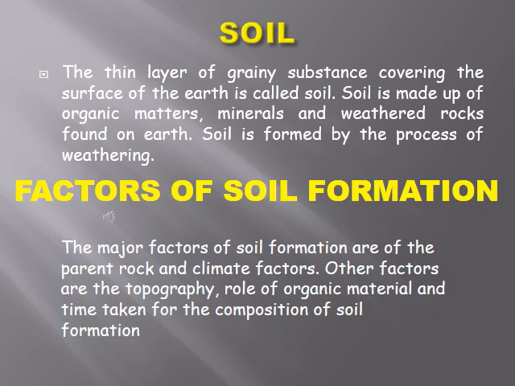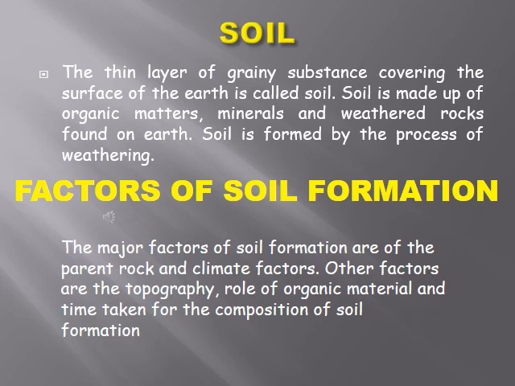Let us understand the definition of soil. The thin layer of grainy substance covering the surface of the earth is called soil. Soil is made up of organic matter, minerals and weathered rocks found on earth. Soil is formed by the process of weathering.